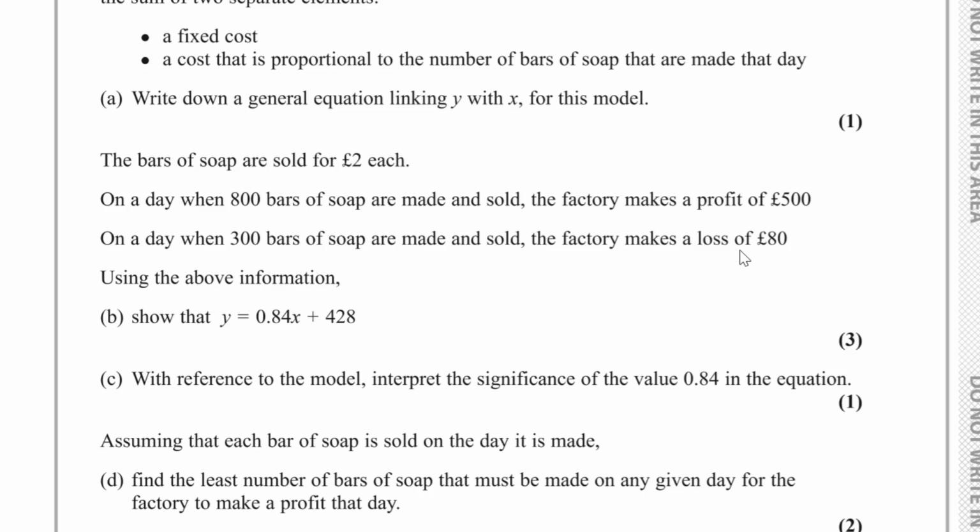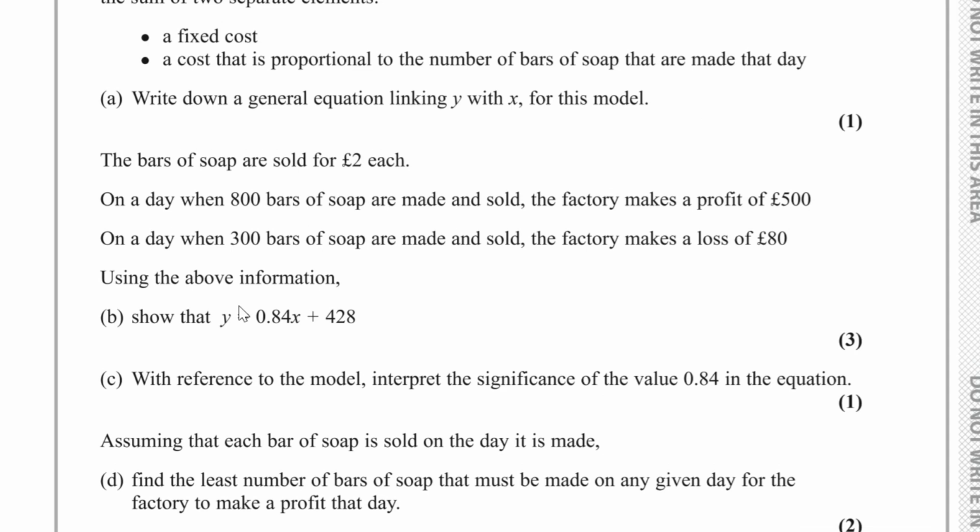Using the above information, we have to show that y equals 0.84x plus 428. If you did not know what to do for part A, if you look further on in the question, this suggests that we had to write down a linear equation linking y with x.